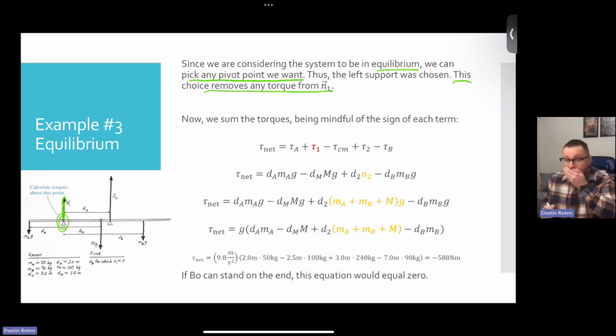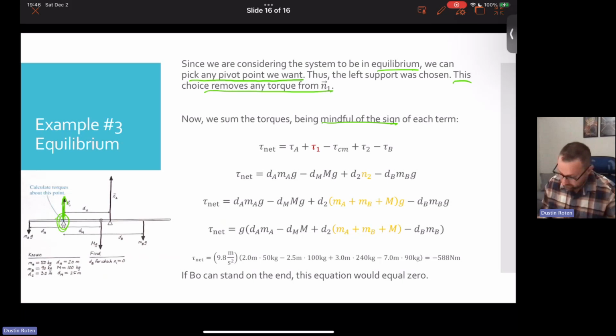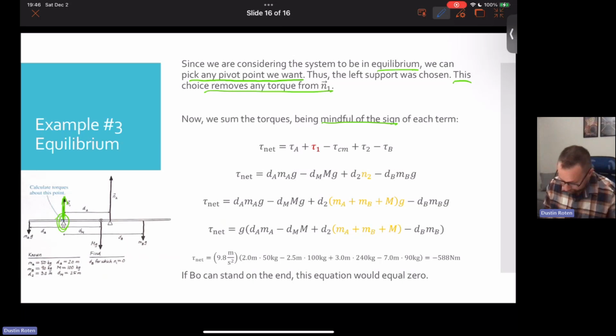Okay, so now that I've got my pivot point picked out, we want to sum all the torques. Now we have to be very mindful of the signs, okay? So let's carefully do this. We have a positive torque, right? Because that's going to give us a counterclockwise motion. We have a positive torque from Adrian.